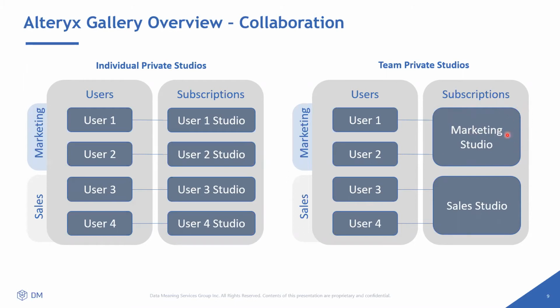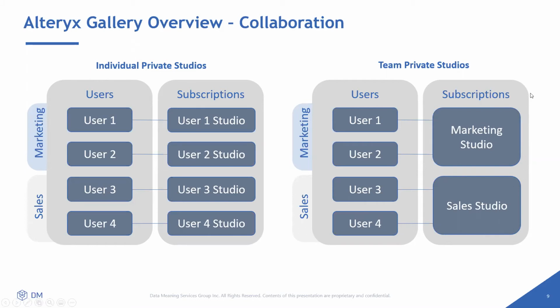But I do recommend still keeping your collections more project-focused, because then you can take portions of your workflows here and publish them to the various collections so that they're a little bit more organized. It is one of the downsides of having a team private studio: it gets very cluttered when everybody is working out of the same workspace.